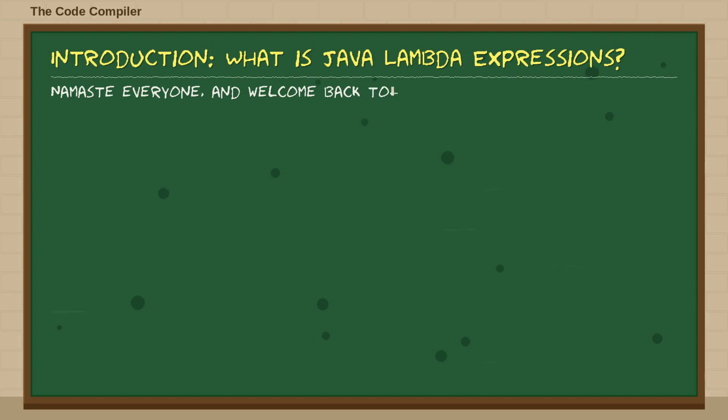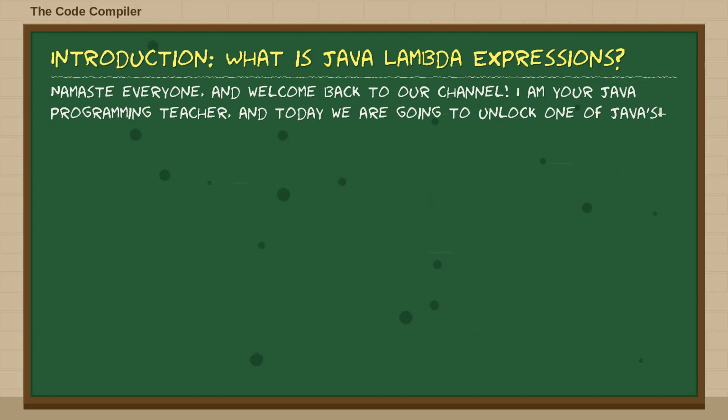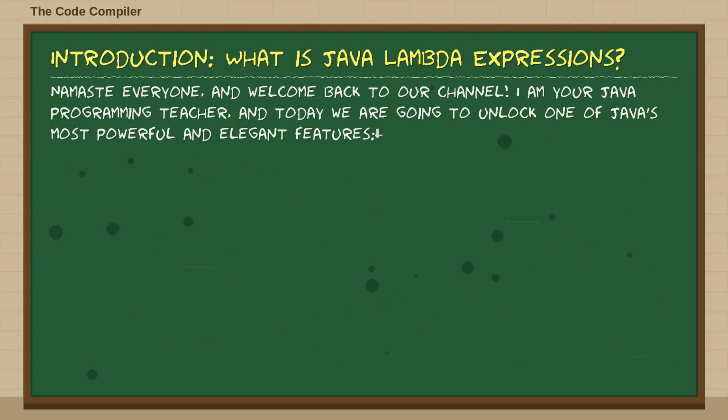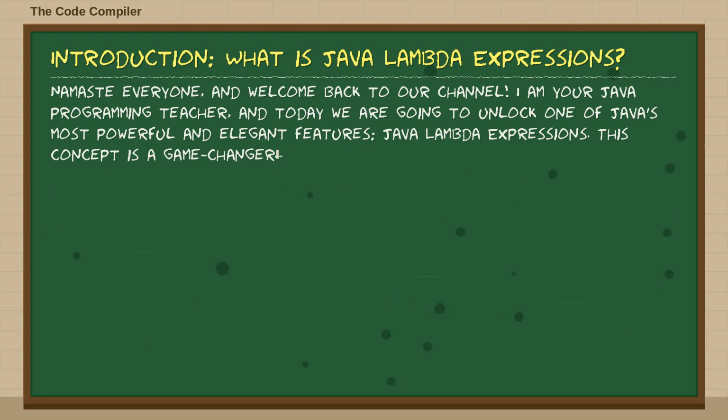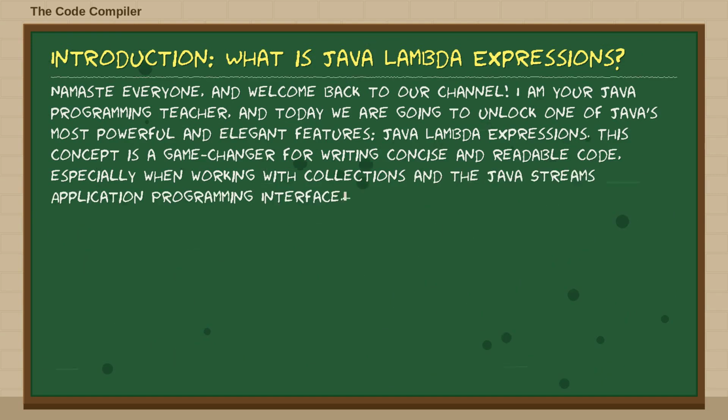I am your Java programming teacher and today we are going to unlock one of Java's most powerful and elegant features, Java Lambda Expressions. This concept is a game changer for writing concise and readable code, especially when working with collections and the Java Streams application programming interface.